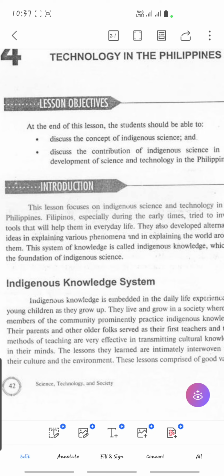Next, it can also be explained through contemporary knowledge. It is sometimes part of your indigenous knowledge. Meaning, your contemporary knowledge is a part of your indigenous knowledge. What is indigenous knowledge? It is your traditional knowledge.